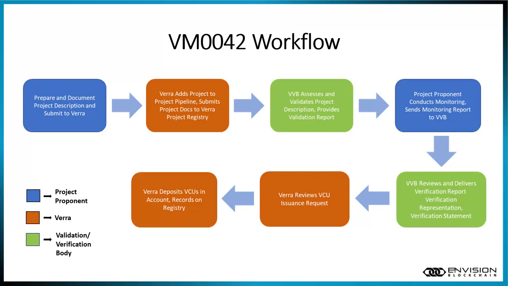Now the project proponent conducts monitoring, sends monitoring report to VVB. The VVB will review and deliver verification report, a verification representation, and a verification statement. Then Verra will review the VCU issuance request, and Verra will deposit VCUs into the account and record it on the registry.